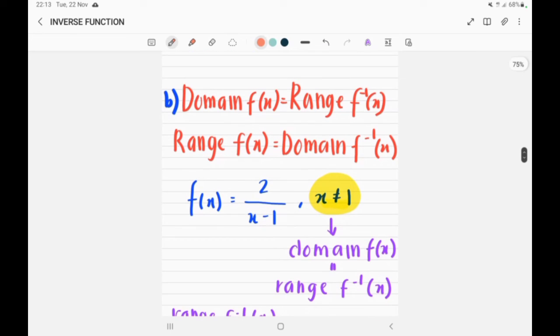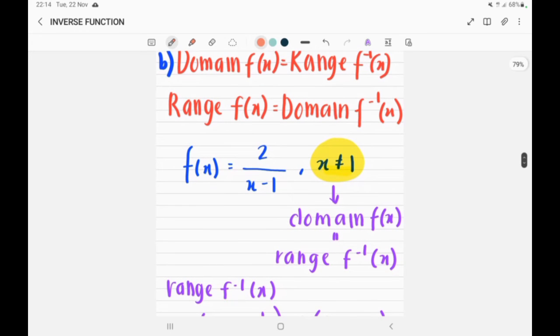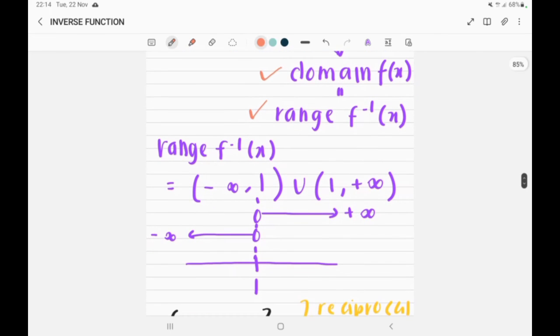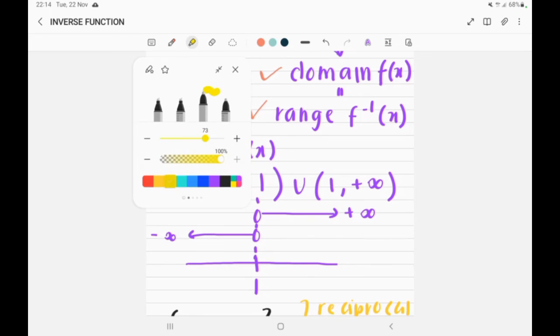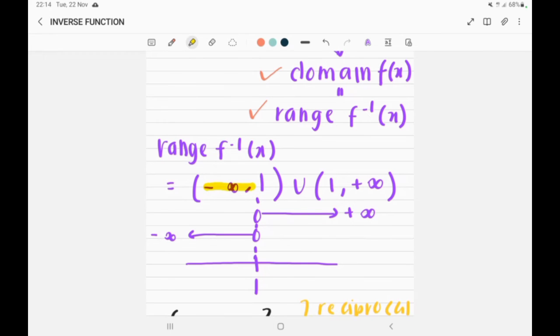As I mentioned just now, x is not equal to 1 refers to the domain of f(x). So the domain of f(x) is the range of f inverse, which means the range of f inverse should be negative infinity to 1, excluding 1, united with 1 to positive infinity.